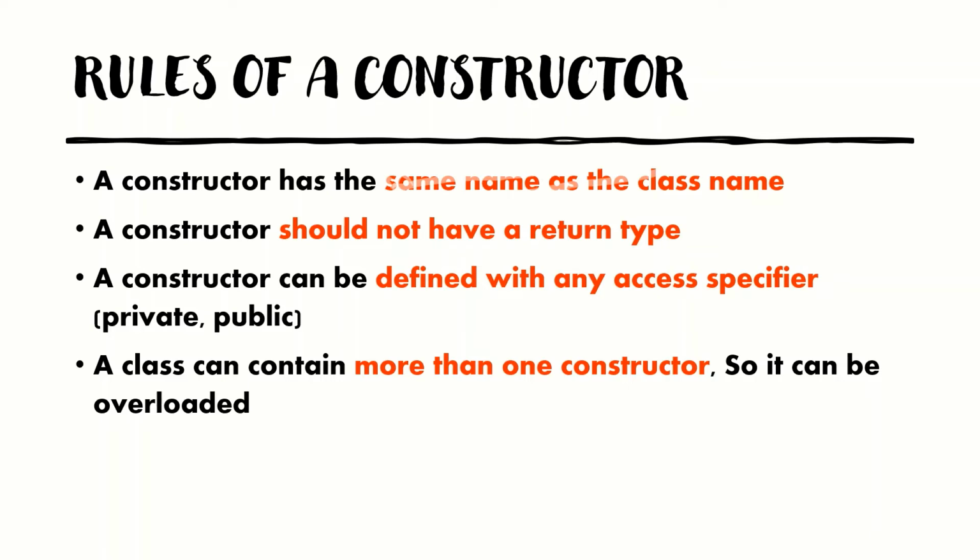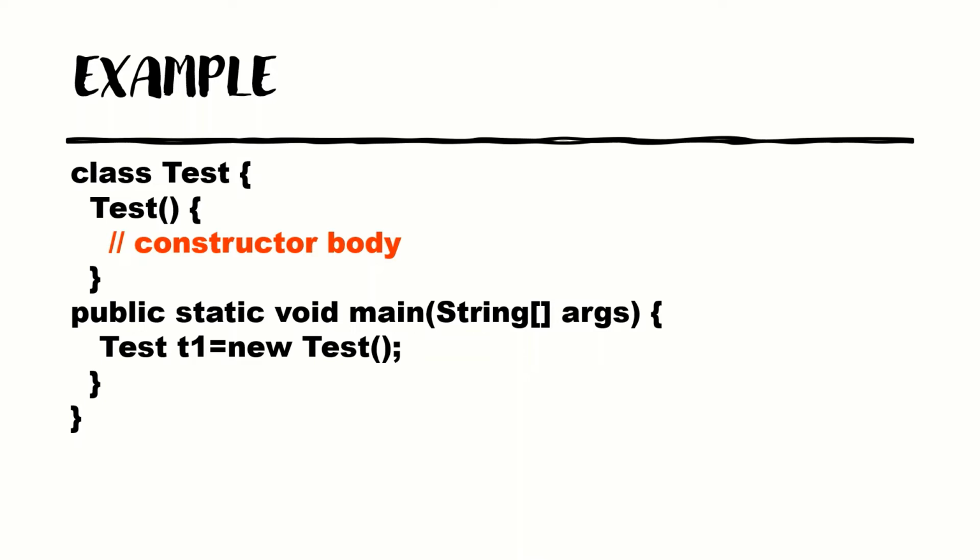I will explain with examples what method overloading is, with a constructor example, and also how you are going to declare it. You can see here a small example which will help you understand it. We have a class Test.